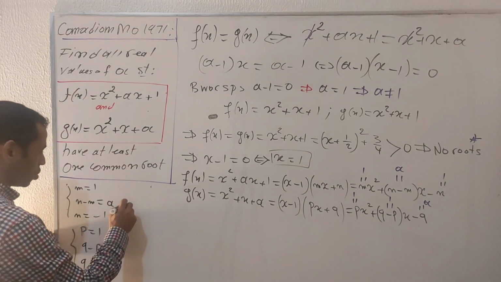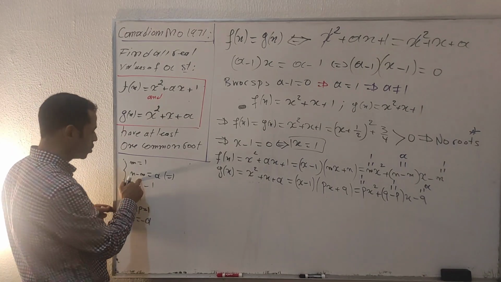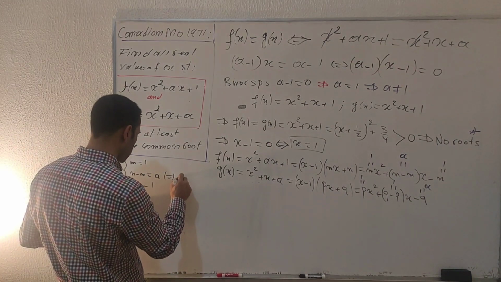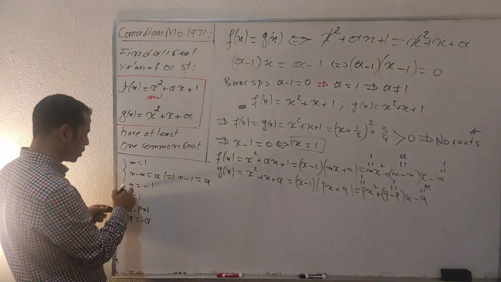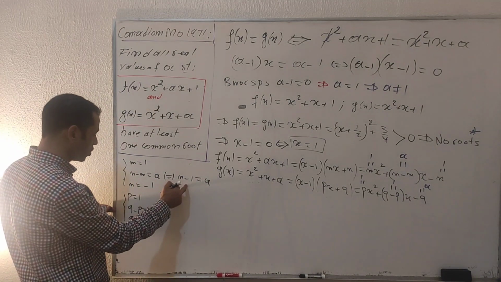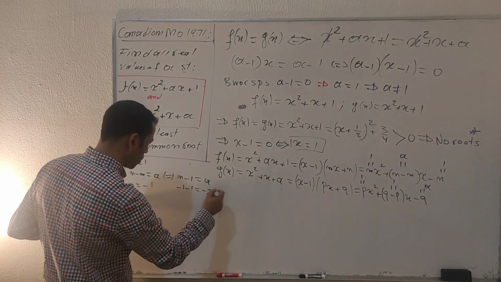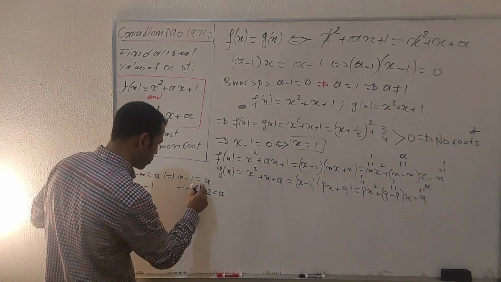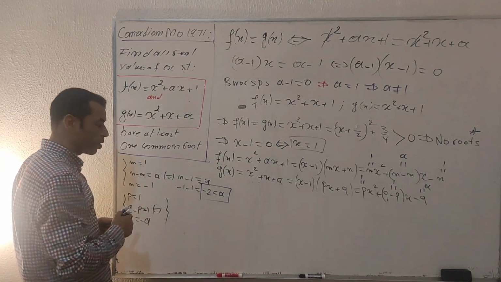I'm going to solve each one. I'm simply going to replace the value of m into the second equation, which gives n minus 1 equals a. Taking this value of n and inserting it in the first equation, I get minus 1 minus 1, which equals minus 2 equals a. So I found the value a equals minus 2. To solve the second system, you may get another value of a.